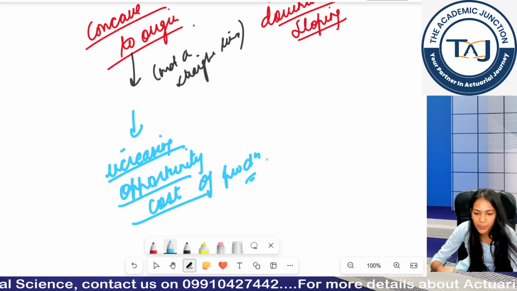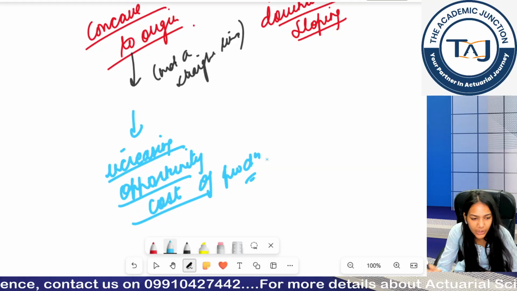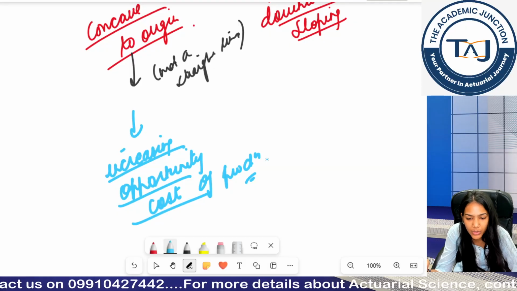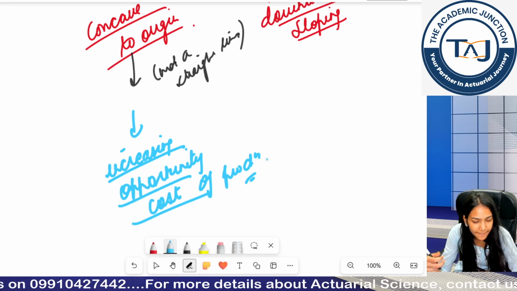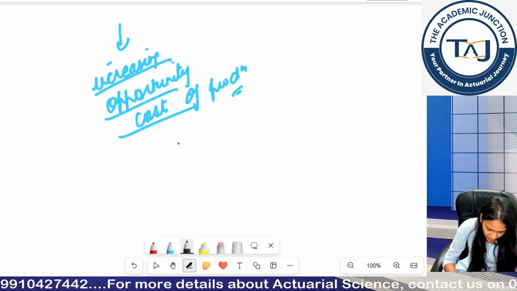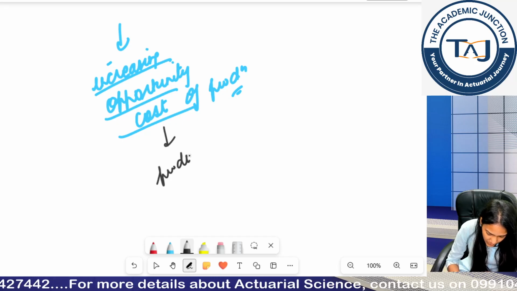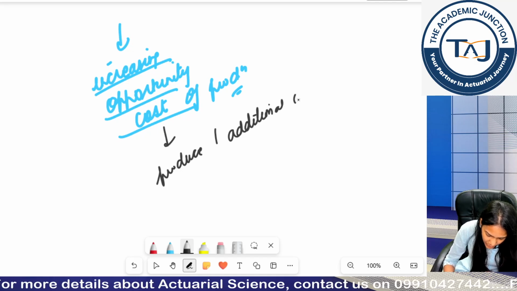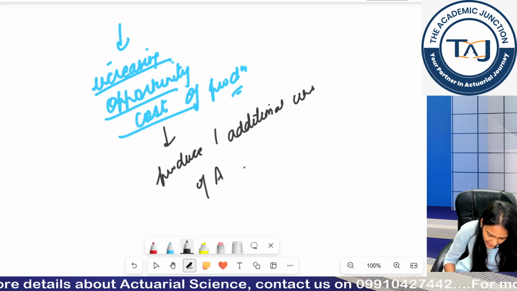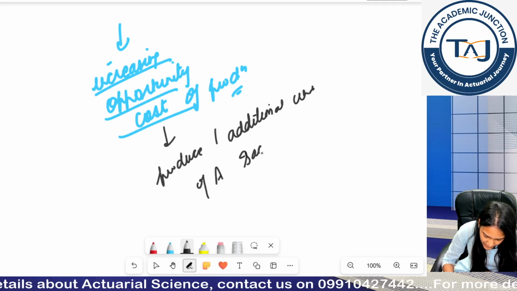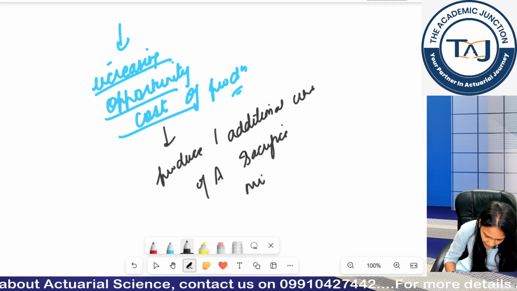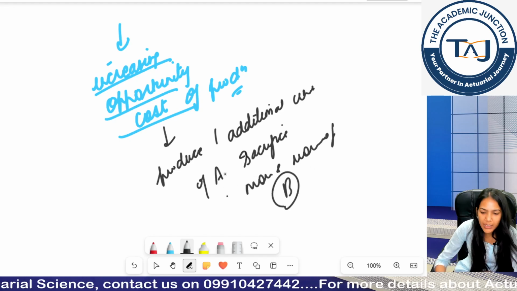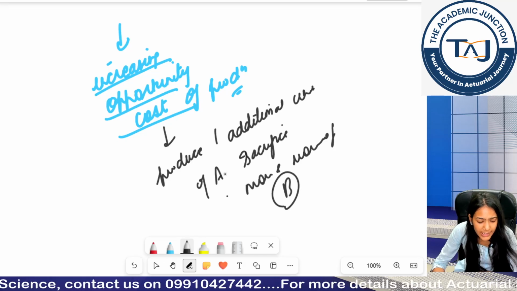This means to produce one additional unit of good A, I have to sacrifice more and more units of good B. Note it down. To produce one additional unit of A, I have to sacrifice more and more of B. A or B, you can use other types of goods. Is this clear?